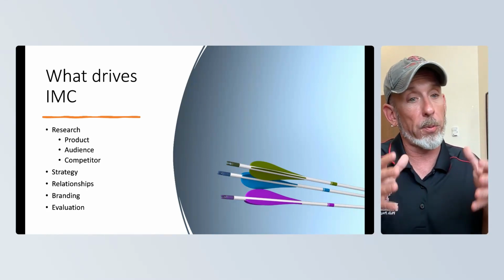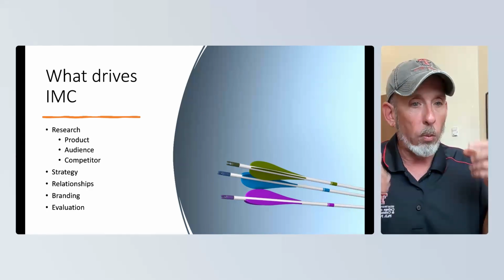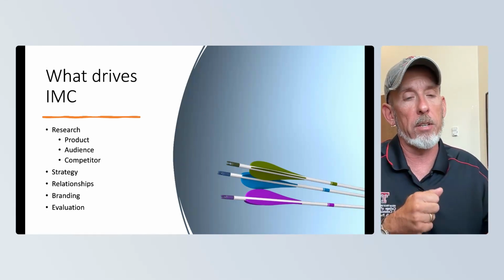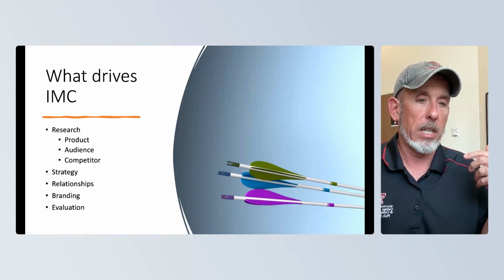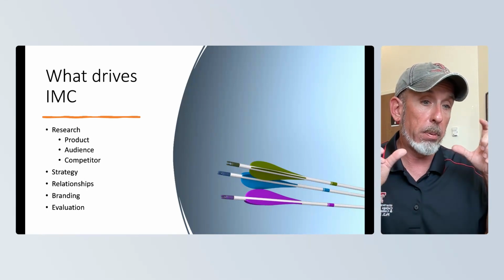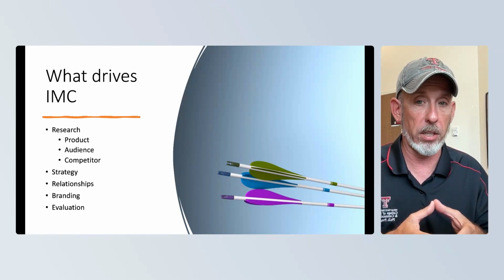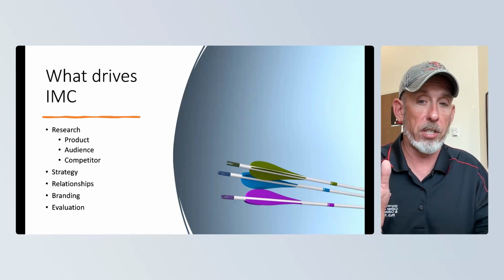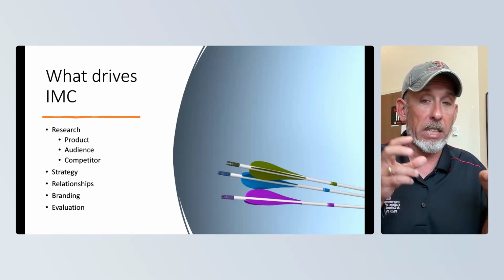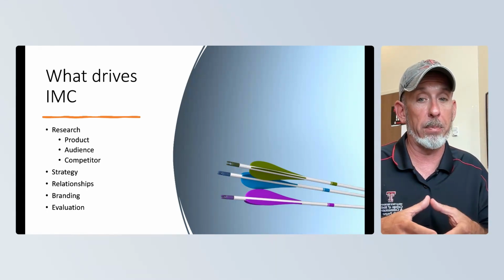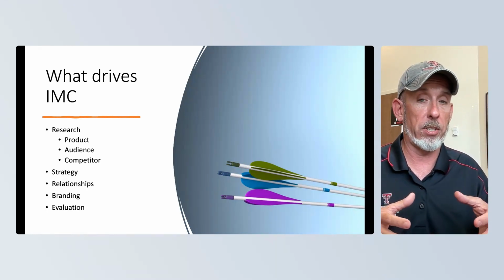We're grad students. We're going to talk about theory in here. Why people do certain things. Why do they respond? Why do they do things on social media? Why do they think a certain way? How do they process persuasive messages? We talk about relationships, branding, actually creating the content, putting it out there for people to see, and then an evaluation cycle.